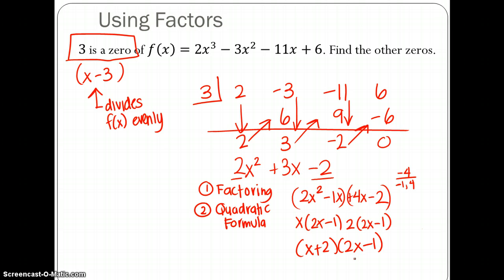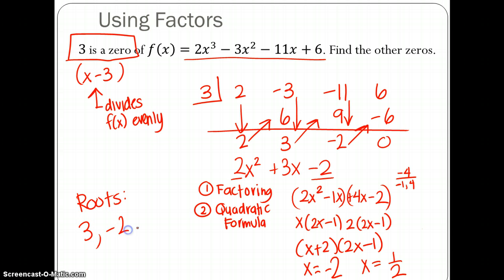If we can find a factor of something that otherwise we wouldn't have been able to factor, even if you had grouped this original polynomial, we take something we wouldn't have originally been able to use, and now we can find our roots. So x is negative 2, and x is 1/2. So our roots in this case: 3, negative 2, and 1/2.